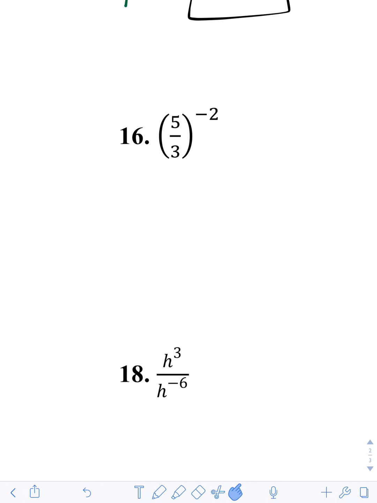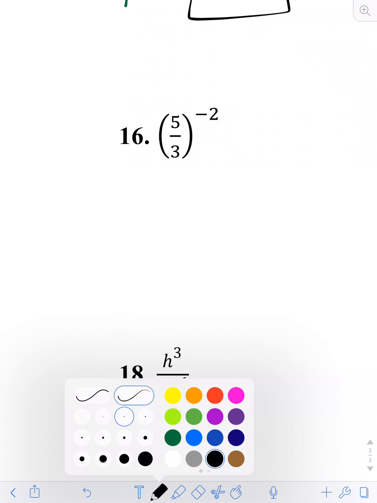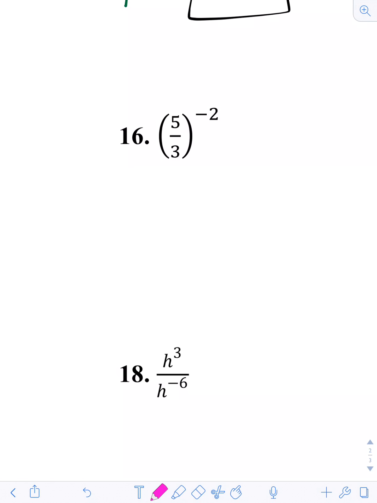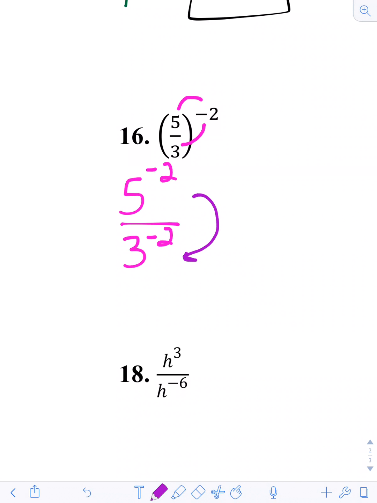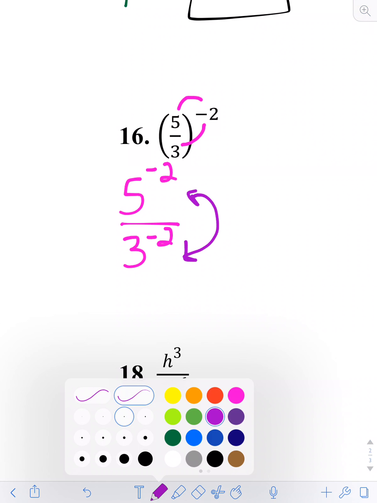Okay, 16, same thing. There's a couple ways you can do this. We can distribute this negative exponent. So we have 5 to the negative 2 over 3 to the power of negative 2. Now what we're going to do is flip-flop this. The reason we flip-flop it is because when you flip-flop these, it changes the sign on the exponent.